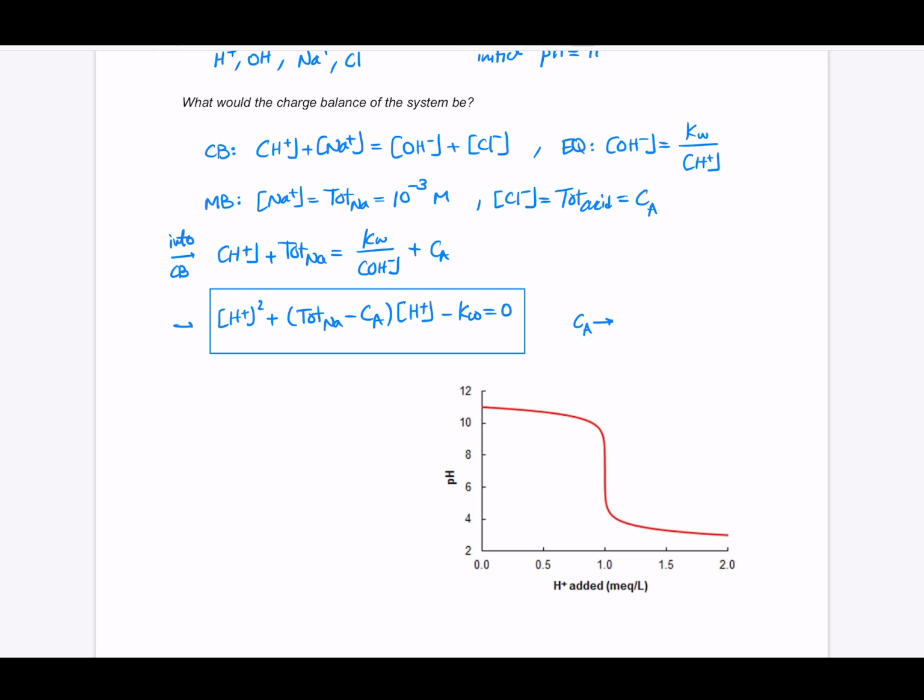The only thing is we calculate pH for the solution. So we solve H plus concentration, therefore the pH. So then we have 1 point in this graph. So our Ca would be our x-axis, and then the pH would be our y-axis. And if you do that, this would be basically the curve.